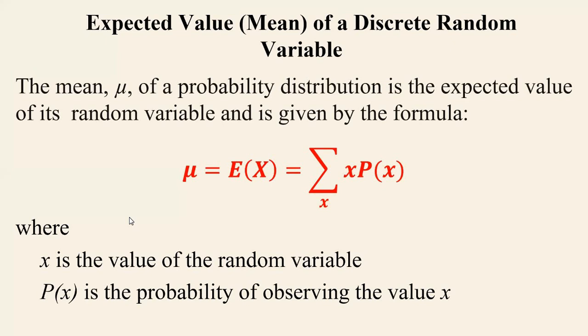One is listing. There we put the sample points as a pair of each and every point with a particular value of a random variable and the corresponding probability. And then we can use the table, and also we can use a graphical method and the formula method. These are the four methods we can use to present the discrete probability distribution.